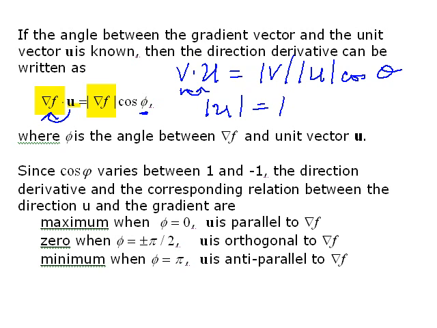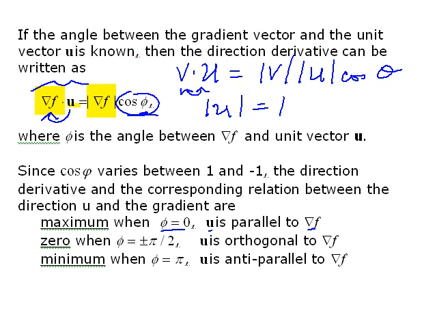So now look at how cosine phi behaves. If it's 0, that means that u is parallel to the gradient of f, and that would mean that this result would be a maximum because cosine can't be any bigger than 1, and at that point it would be 1.